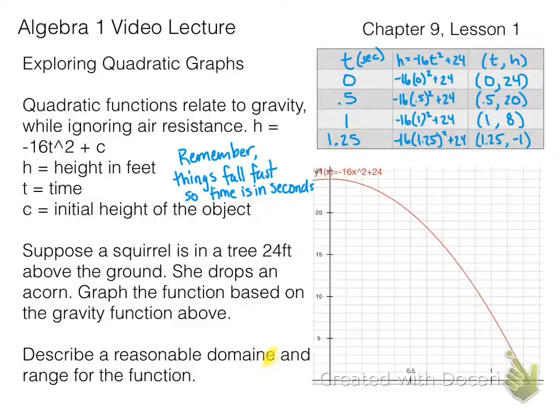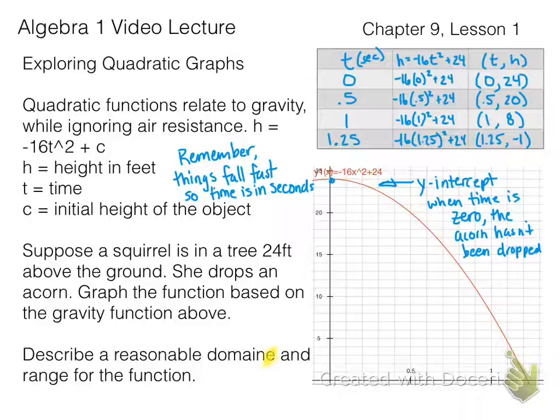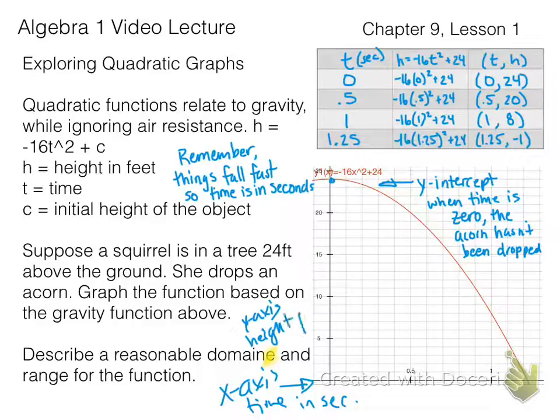Because if I actually graph these points, which is the y-intercept. By the way, the y-intercept is the point where time hasn't started yet, because my x-axis is time. X-axis, it's time in seconds, right? And my y-axis is height in feet.